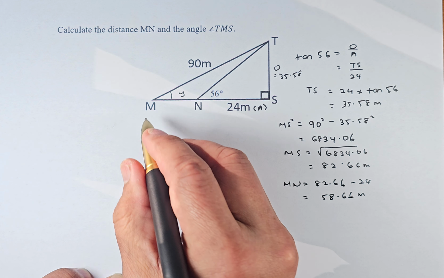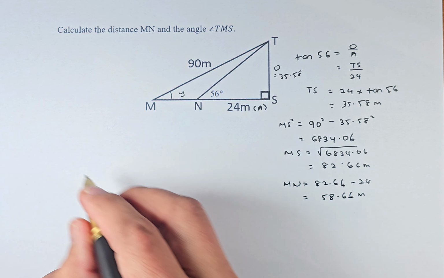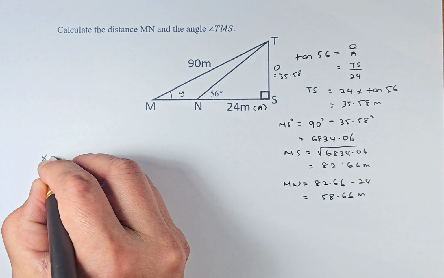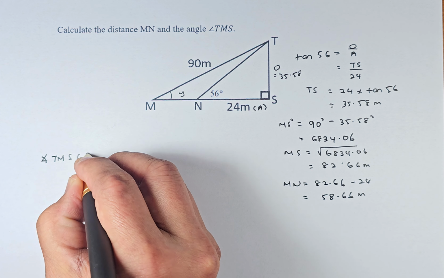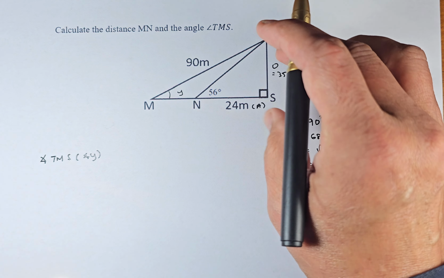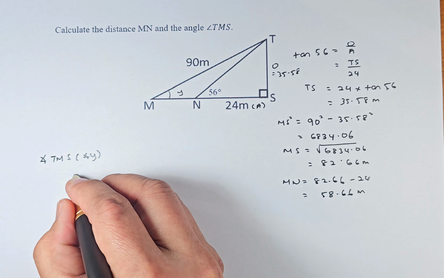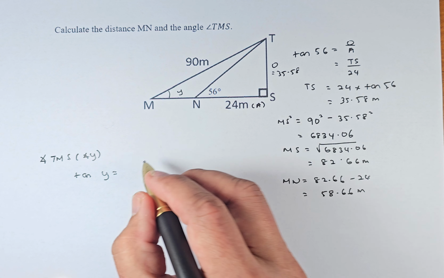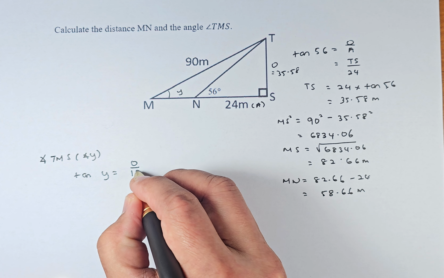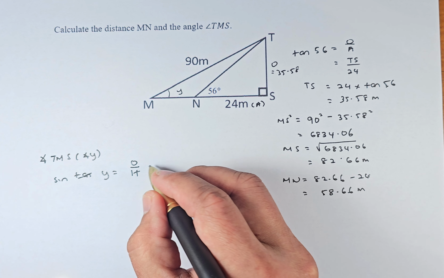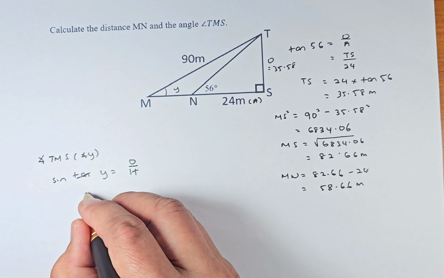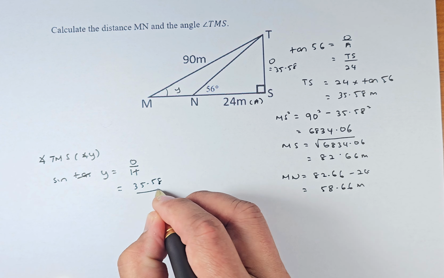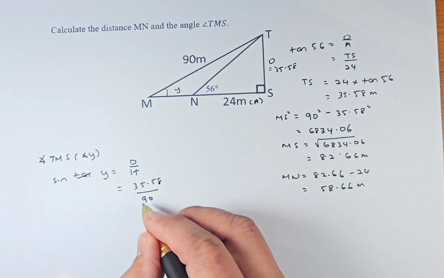To calculate the angle Y or TMS, we put it as angle Y. You use the rule, tangent is opposite over hypotenuse, no, not tangent, it's going to be sine. Opposite over hypotenuse is sine, so sine Y is equal to opposite, which is 35.58, divided by the hypotenuse, 90.